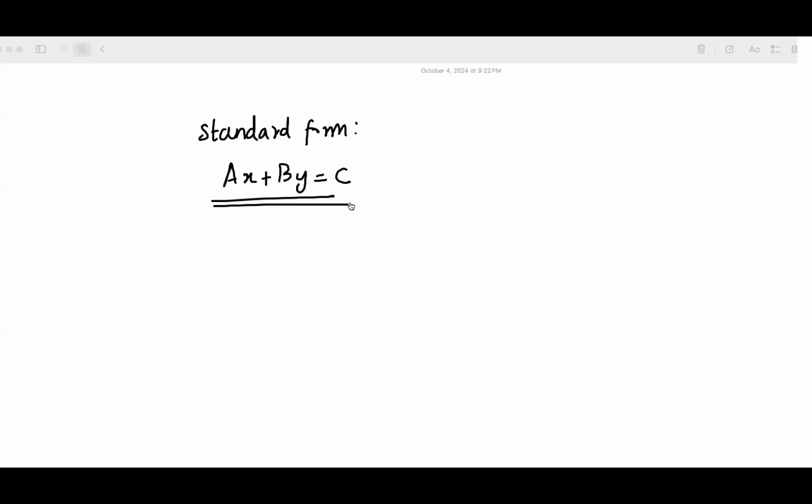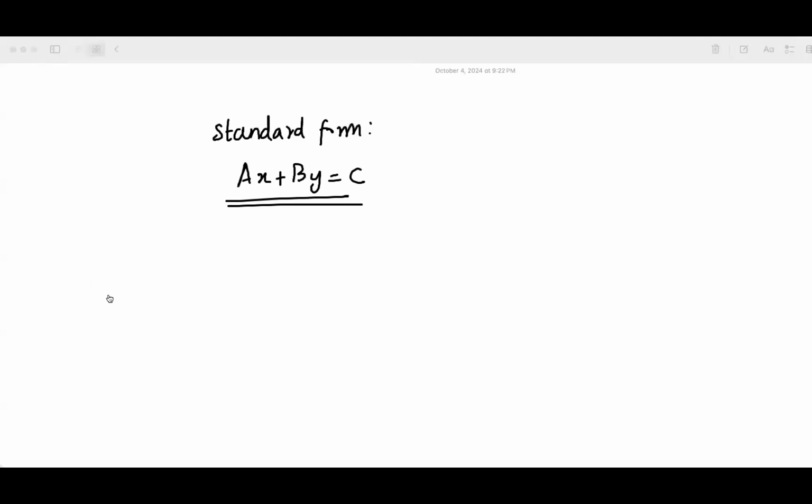I will take up another 5 minutes, and then I'll let you go. Now, y will be equal to 3x plus 4. What form is it, Raga? Slope intercept form.